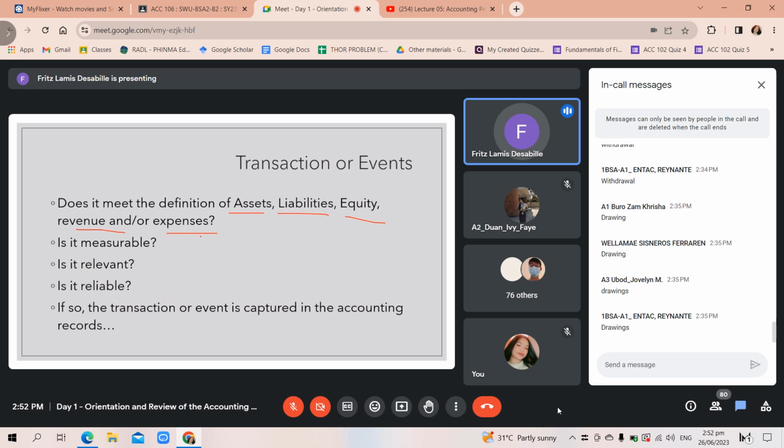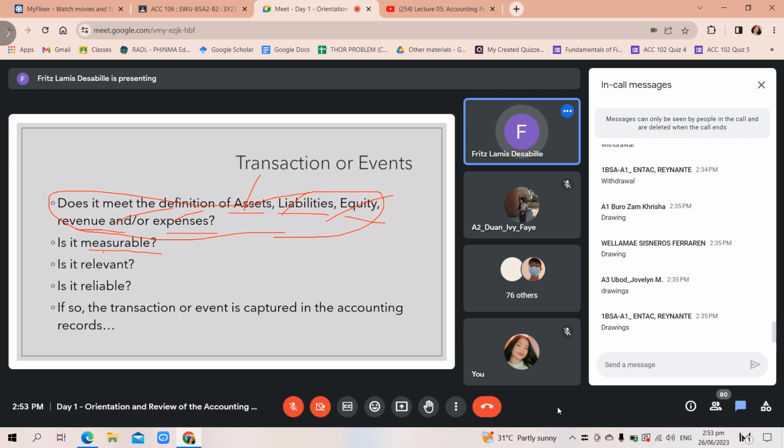If a transaction falls under these, it is recordable, meaning we will provide an accounting entry. Is it measurable? Sometimes it fits into an asset, liability, equity, revenue, or expense, but it is only an estimate. We cannot measure it. So sometimes, even though it fits the definition, it's not measurable.